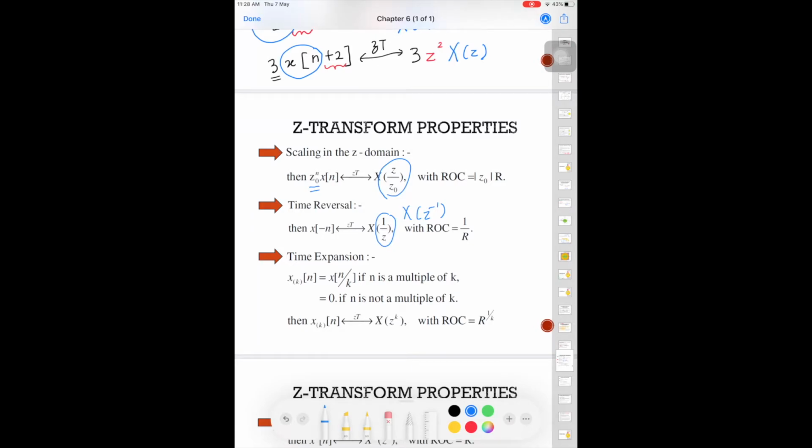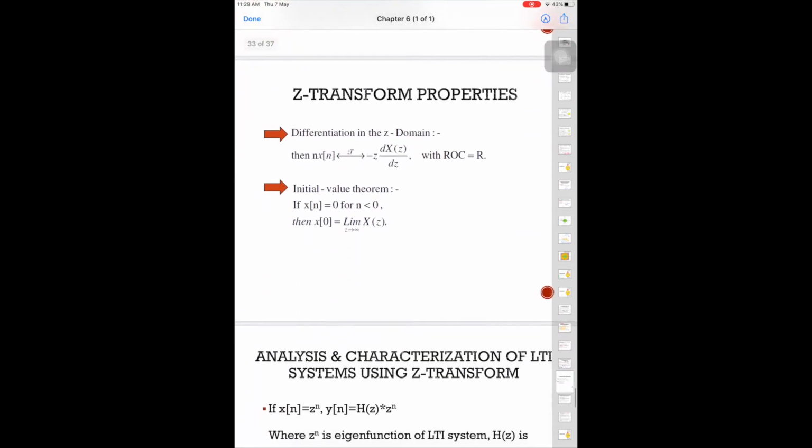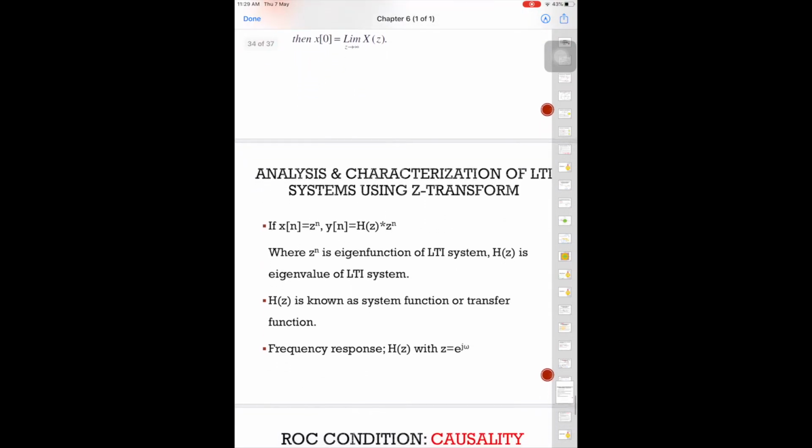Time expansion is the same thing, nothing different from DTFT, only the function: instead of e^jω, now we use z. Next, conjugation is the same thing. We have the conjugate in the time domain, so in the Z domain you need to conjugate both X and z. Differentiation in Z domain is the same thing.